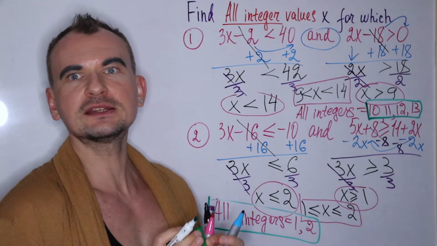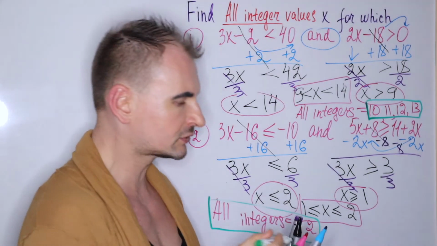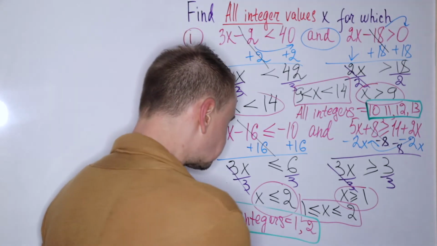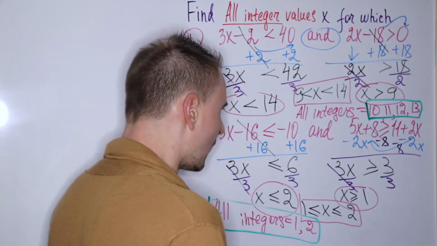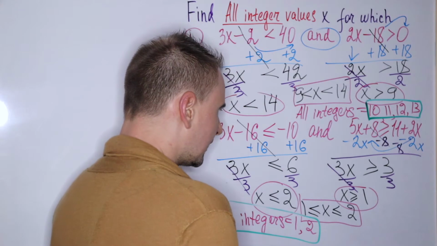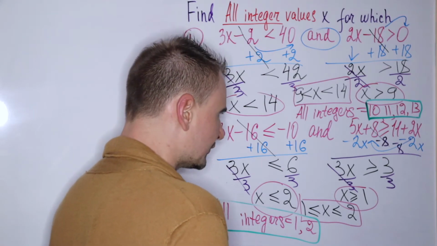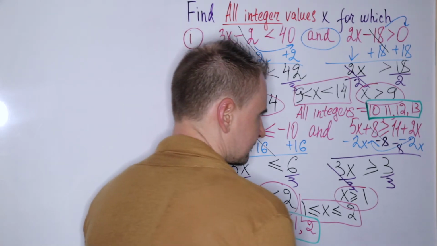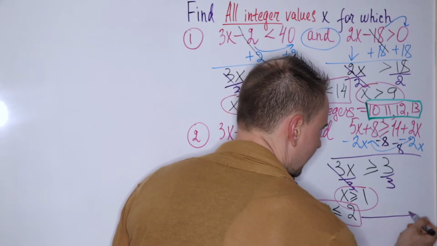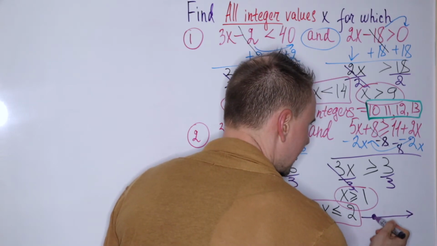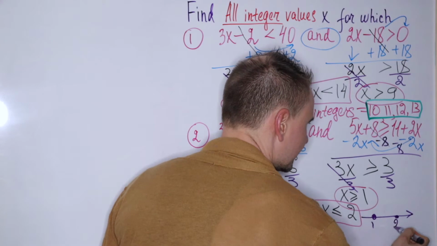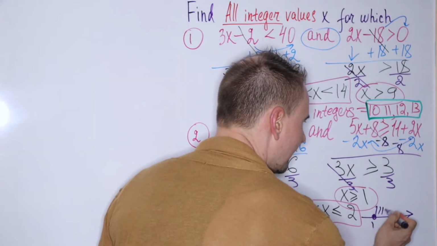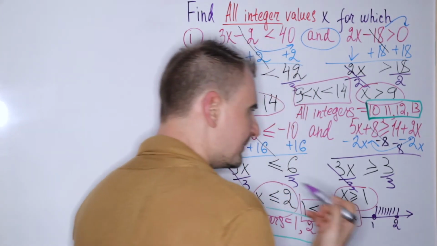Again, at this point, if it helps you, you could draw a number line and represent your solution on it. Let's go through this quickly. You have 1 and you have 2, and all your values of x are going to be between.